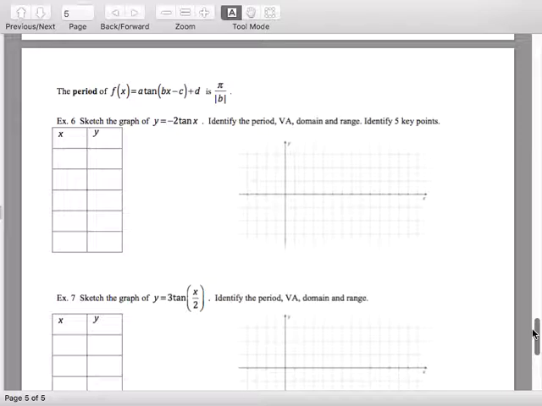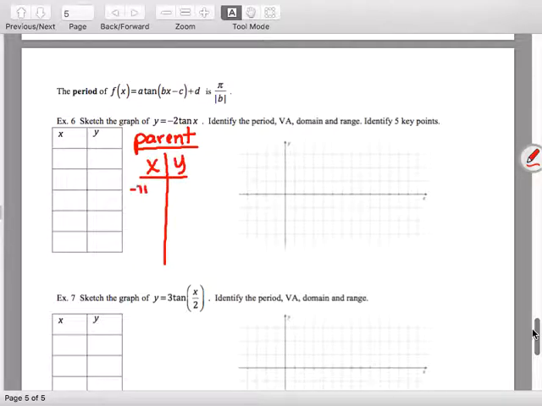So we're going to do 3 graphs, and hopefully we'll get the vertical asymptotes down by the third one. It says, sketch the graph of y equals negative 2 tangent x. Identify the period, VA is going to be your vertical asymptote, domain and range, and identify 5 key points. So here we go. We're going to stay consistent with what we did with sine and cosine.